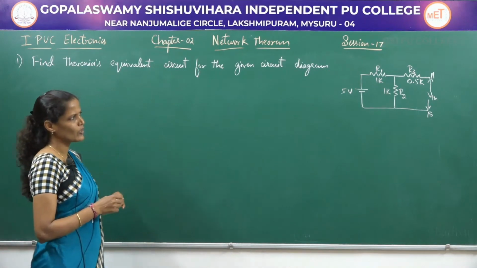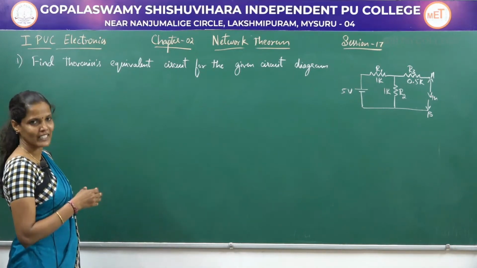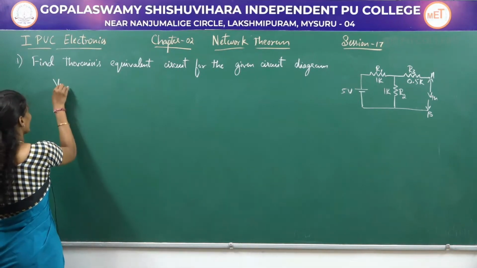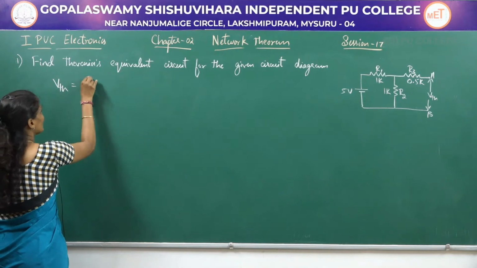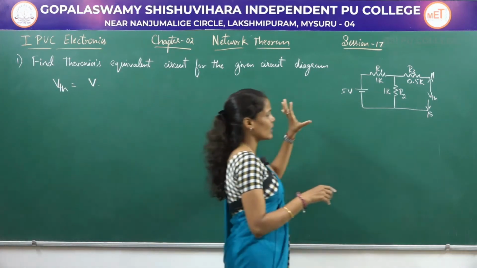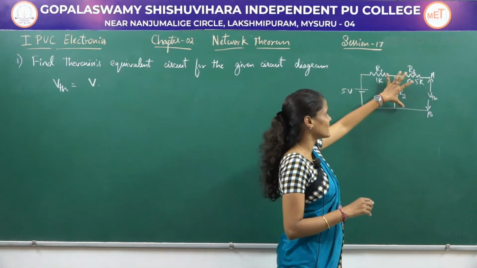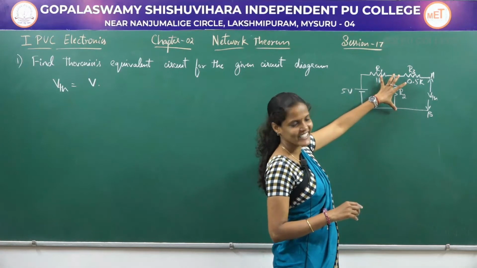So, let us first find out the VThevenin voltage for this particular circuit. VThevenin is equal to the voltage source V into the resistance across which I am measuring the voltage. VThevenin is nothing but the voltage across this resistor R2.